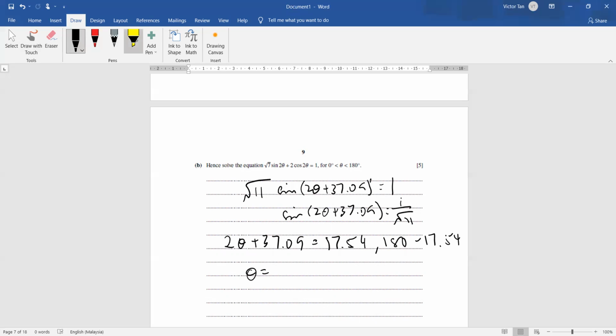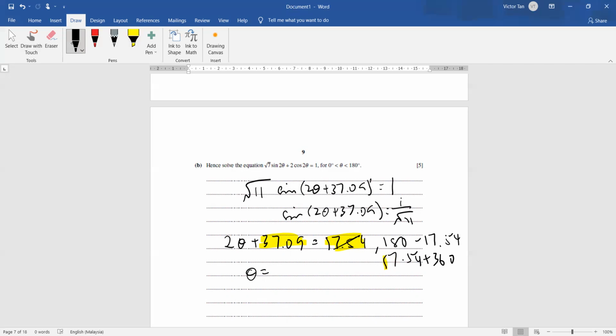See this, you take 17.54 minus 37.09, you will get a negative value. So what you're going to do is take 17.54 after another rotation of 360 degrees. So it is 17.54 plus 360.